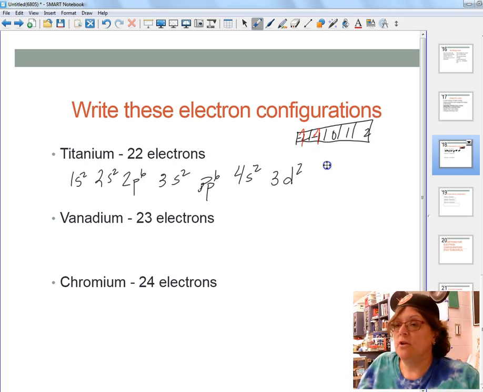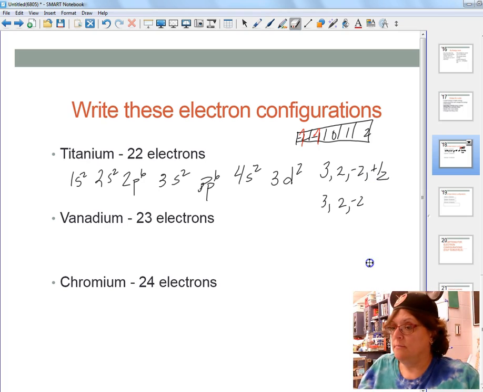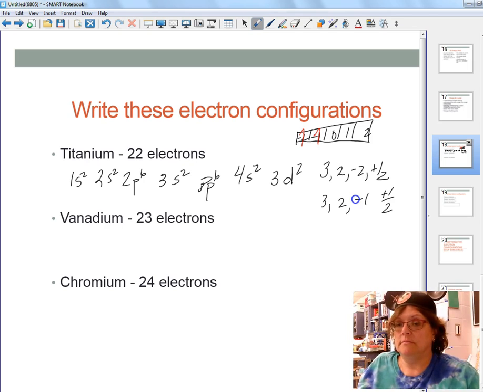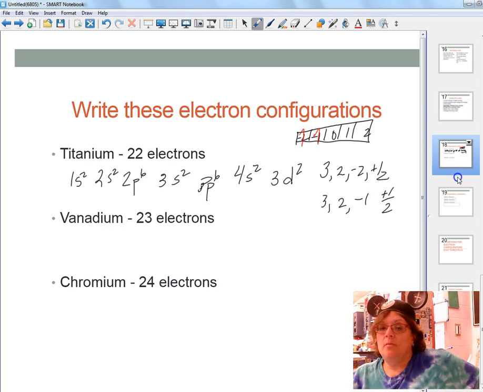So this first electron's address would be 3, 2, -2, plus 1/2. Our second one would be 3, 2, -1, plus 1/2. All right. Hopefully that helps explain.